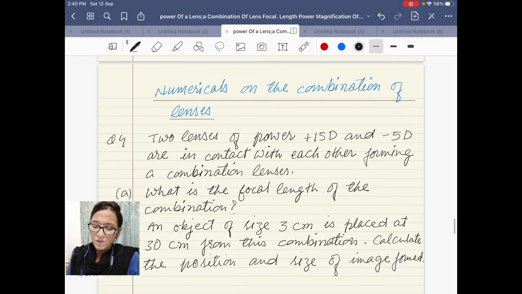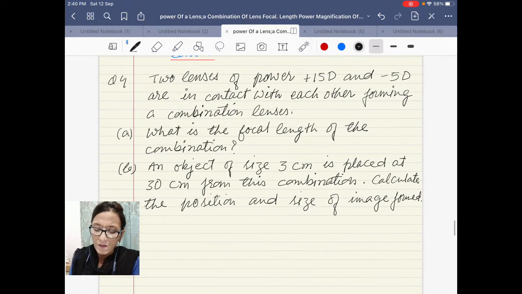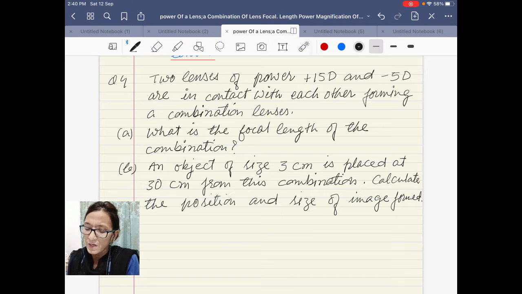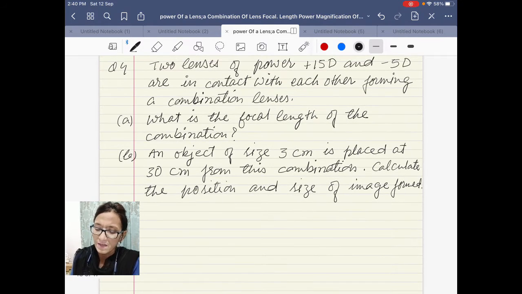So now the next question. Now numericals on combination of lenses. Two lenses of power plus 15 diopter and -5 diopter are in contact. The lenses are in contact with each other, forming a combination of lenses. What is the focal length of the combination?